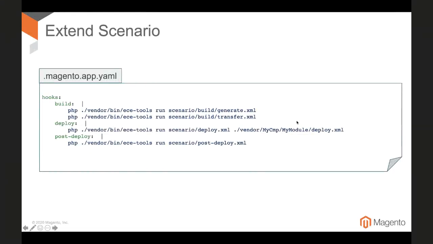But after that, you may set your own scenarios, which you want to extend and so on. I also want to mention the order of priority of these scenarios. The latest one has high priority. So it could be three or more XML files provided here. The latest one will override steps from the previous one.